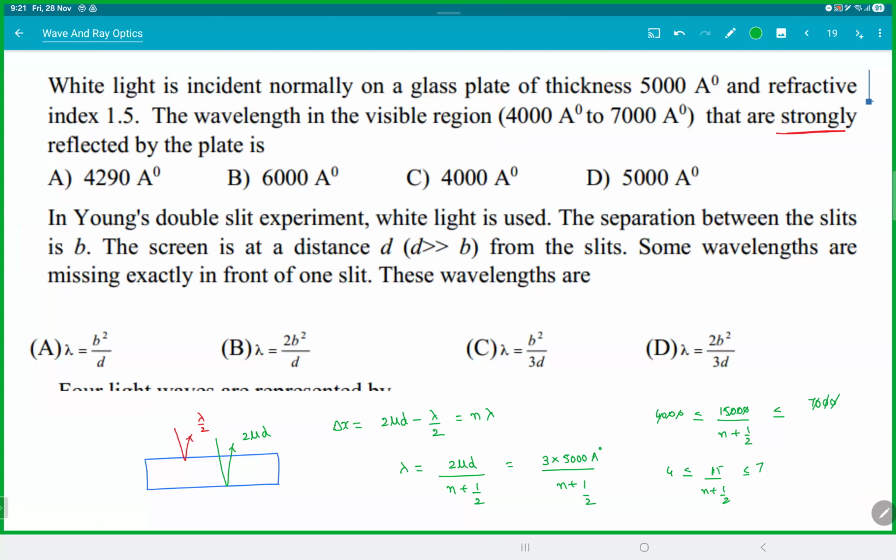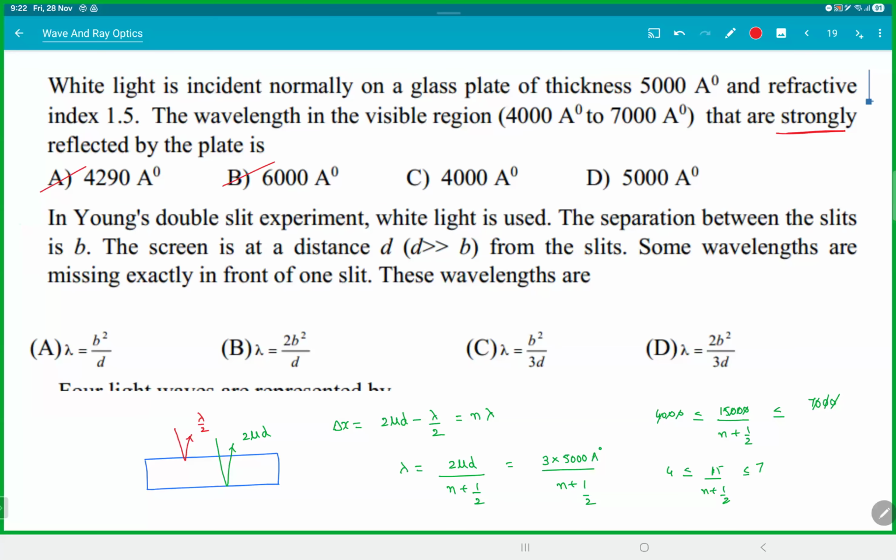What are you guys getting? Only B, one answer only. A, B, C, D. A and B, it seems.